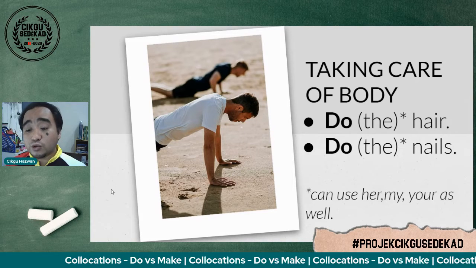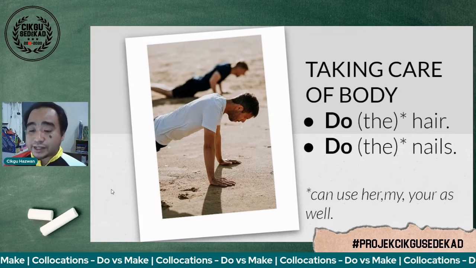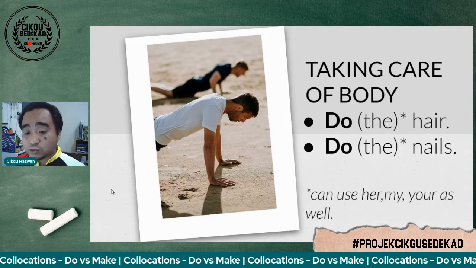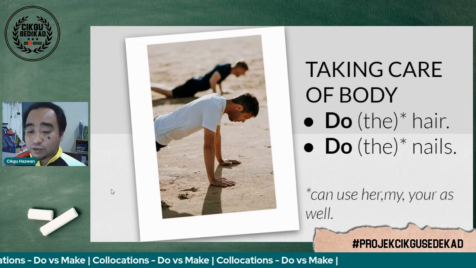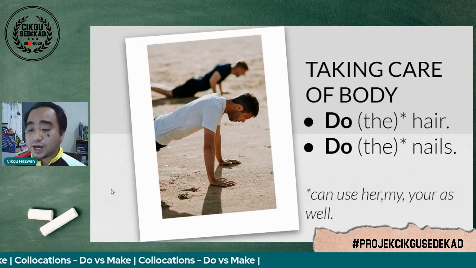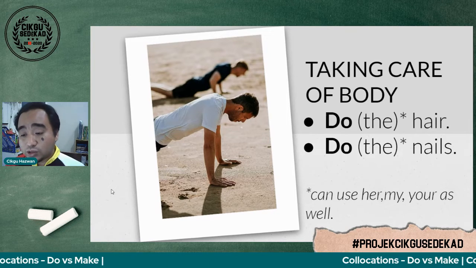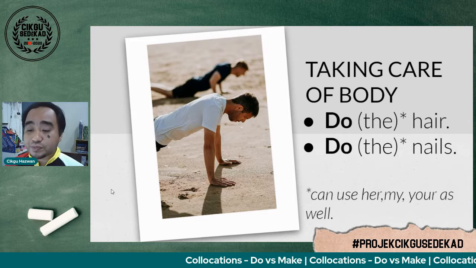Okay, when you say that you're going to polish your nails. I put the article the in brackets because you can change it to a pronoun as well. For example, I'm going to do my hair. I'm going to do my nails. She's going to do her hair. Okay, you are going to do your nails.